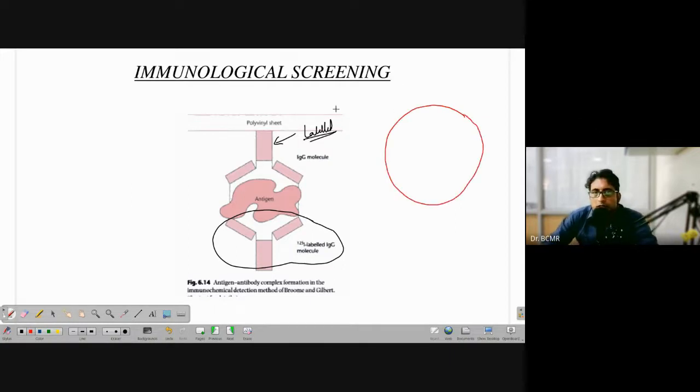So if I see this polyvinyl sheet as a surface like this, and I have added this antibody here, right? So antibody would have been present all over. I am trying to get you to visualize, what if I have had this antibody labeled? So in that case, the antibody is already present, and in some cases, you may have the antigen bound here and here.